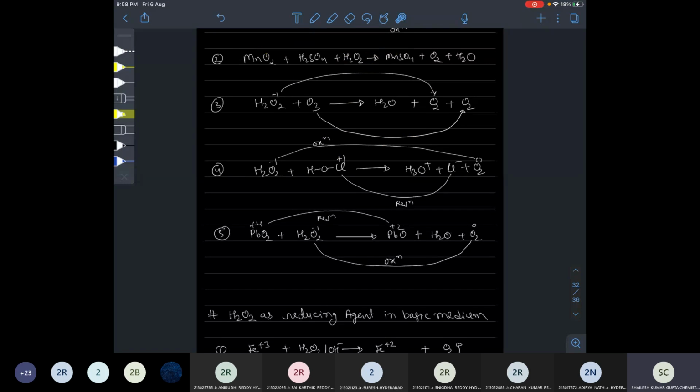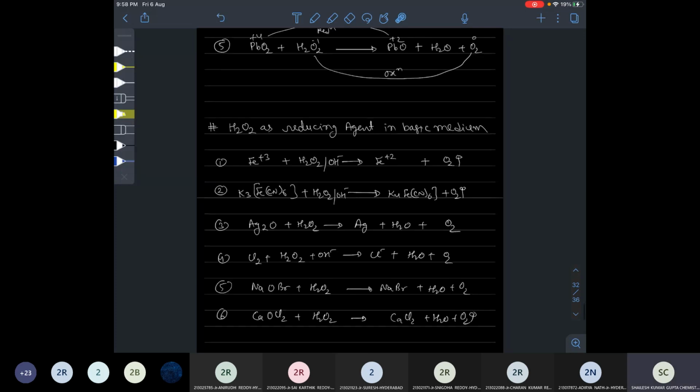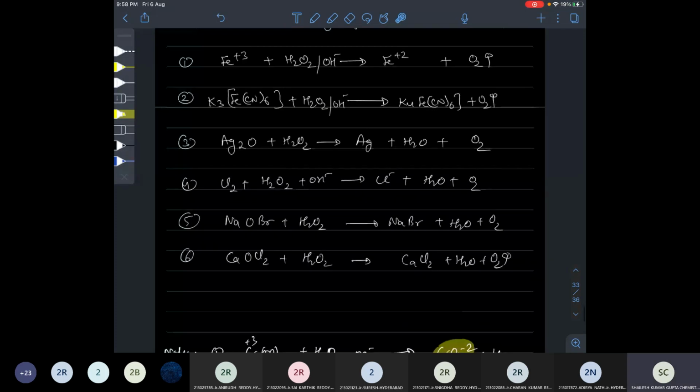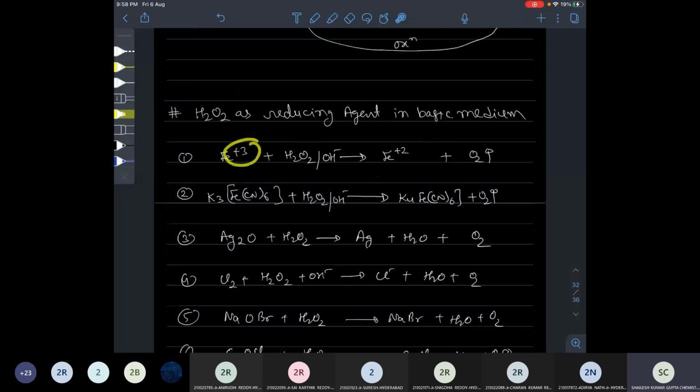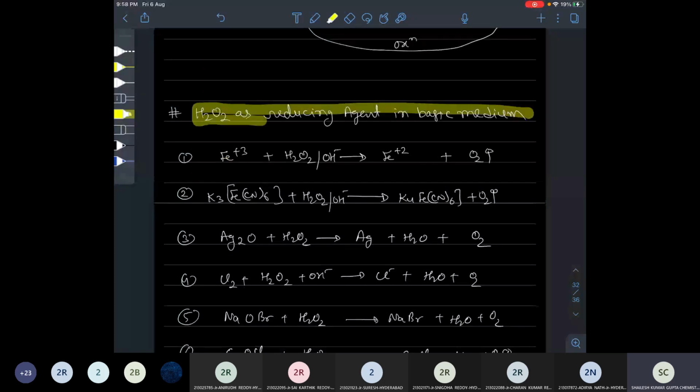And chlorine, my dear, where can it go? It can go into Cl minus straight away. This is the most stable state of this. Like that PbO2, +4, can go into +2. So like that you have to see, right? Iron, where can it go? This is the reaction in basic medium. H2O2 as a reducing agent.